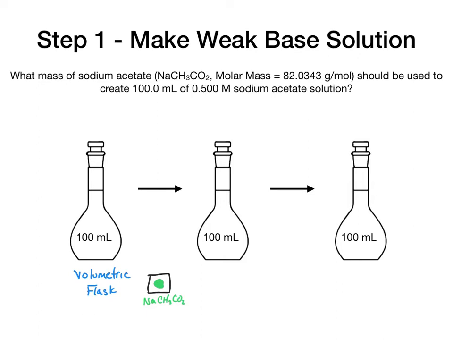Let's say we weighed out, and we were good, we got 4.102 grams of sodium acetate, which is what we wanted. We would then add the sodium acetate into our flask. So we now have 4.102 grams of sodium acetate in our flask.